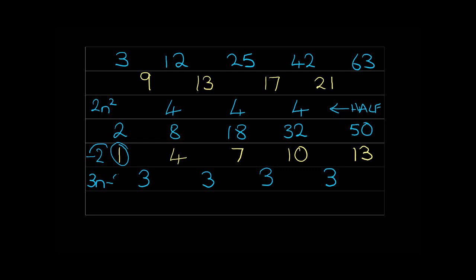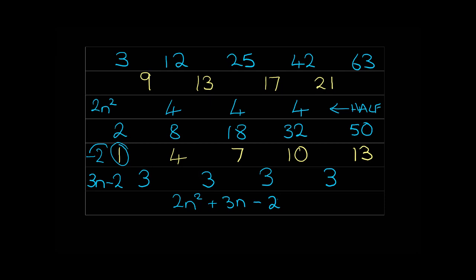So our nth term rule for the yellow line here, the 1, 4, 7, 10, 13, is 3n minus 2. So overall, the nth term rule for our whole sequence, the quadratic sequence that we started with, is 2n squared plus 3n minus 2.